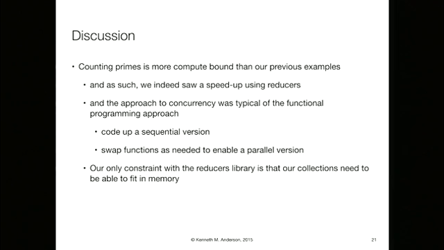Okay, so now one of the problems, however, oh, yes? Sorry, is there any way to modify the behavior of the reducers? So modify in what way? Well, limit it to thread count, or ask it, could you please use 16 cores, not 8 cores, or those kind of things. So the answer on that is no, because the framework itself knows that it's compute bound. So that's what it's meant to do.